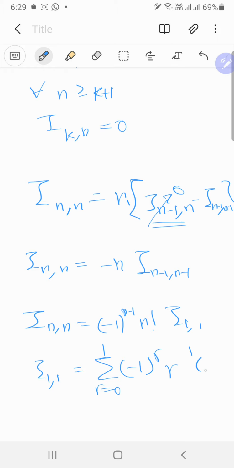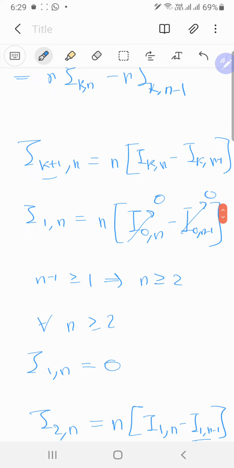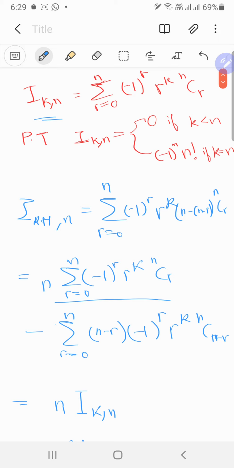So n is 1, so it's 1Cr. The first term is 0 because of this, and then the next term is negative, because it alternates positive and negative, and when you put r equals 1 in this, you just get 1. So 0 minus 1 is negative 1. Therefore I(n, n) will be negative 1 to the power n times n factorial, which is exactly what we are told to prove. So that thing is done.